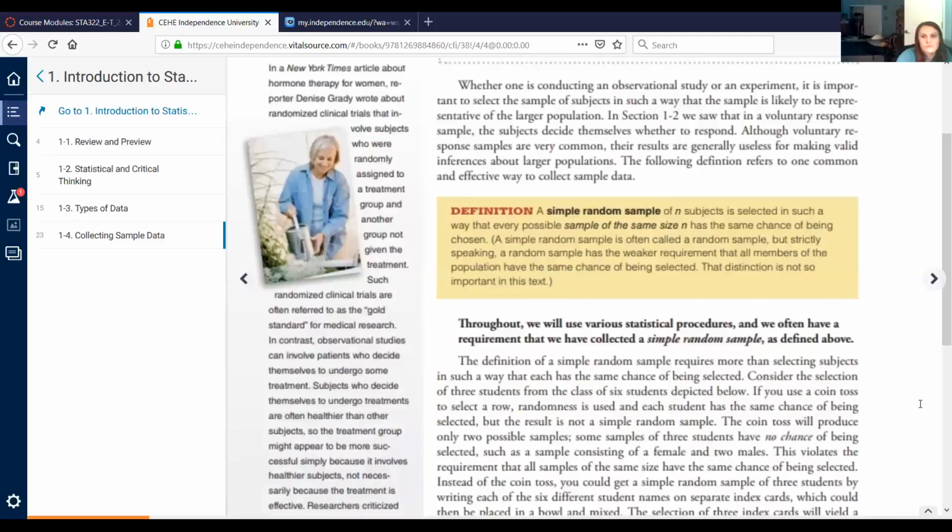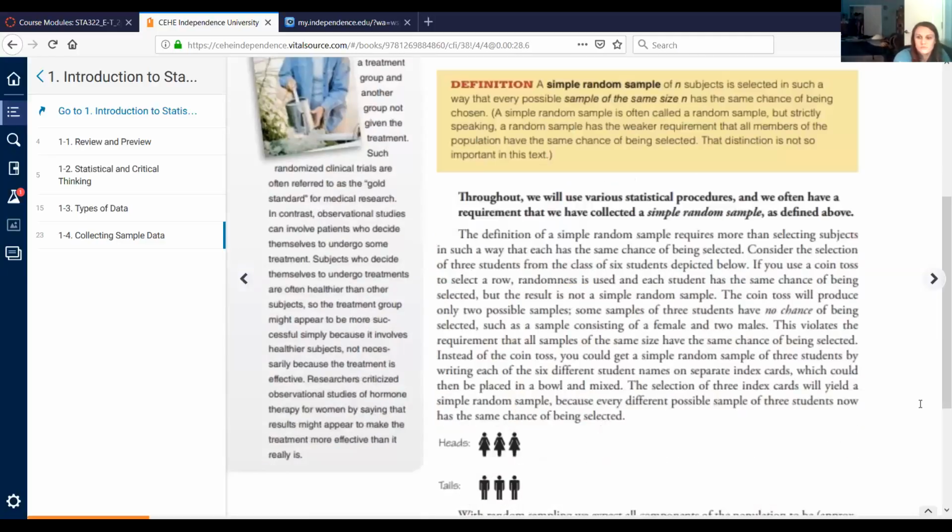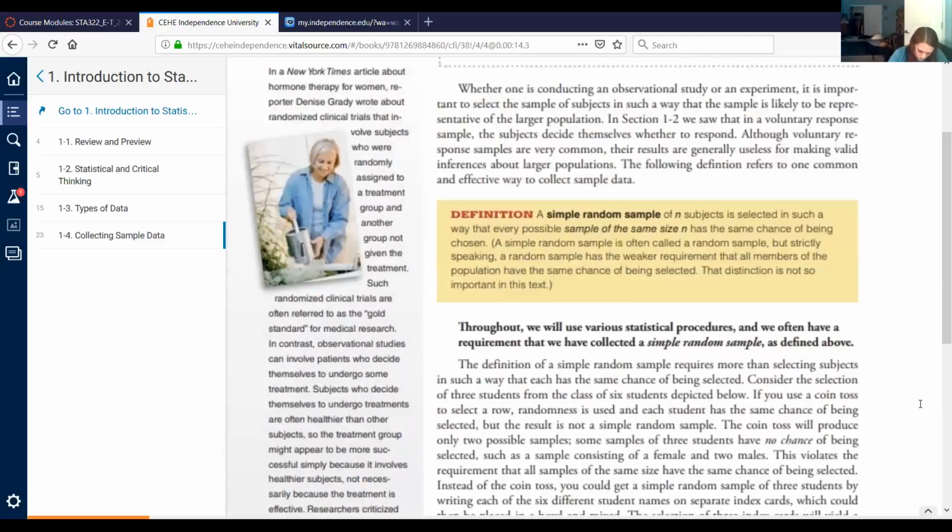Simple random sample. This is when we select, if we want a sample of, they're using the word N here, but a specific number of subjects in such a way that it's possible that every possible sample of the same size N has a chance of being chosen.